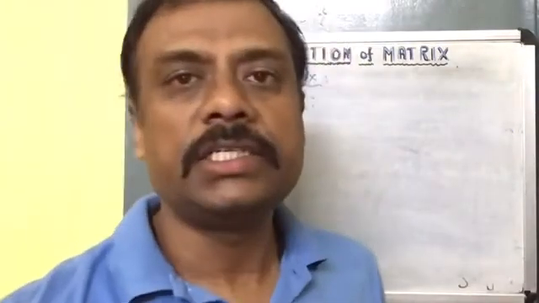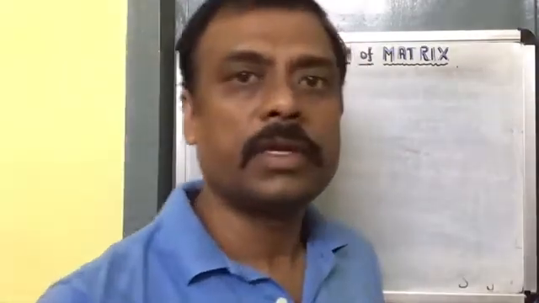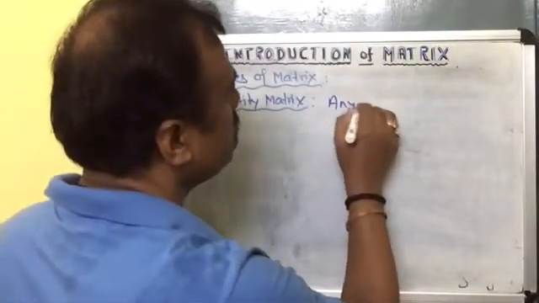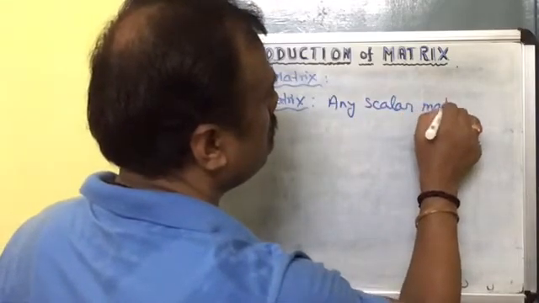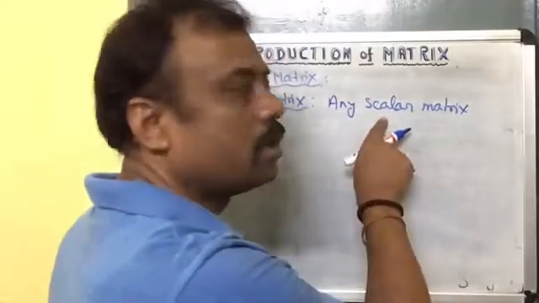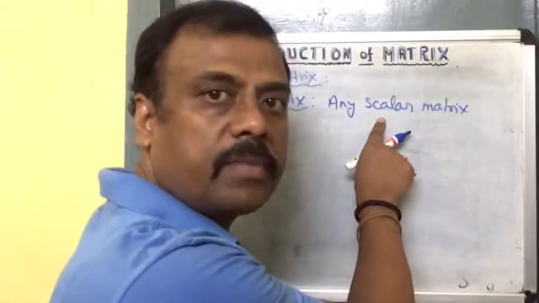Okay, identity matrix. It is also of importance in this branch of mathematics. Identity, as it indicates, some elements will be identity. So it will start from the scalar matrix. I have taken a scalar matrix. It means it is a diagonal matrix, it means it is a square matrix.